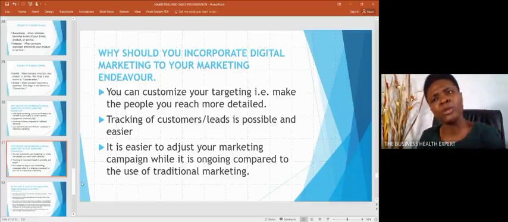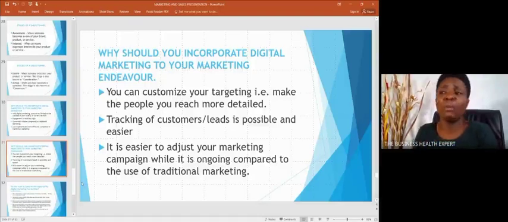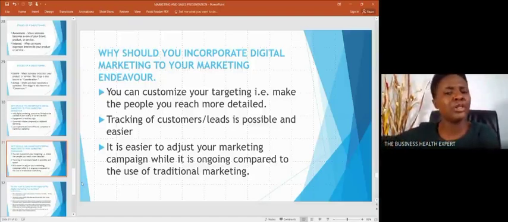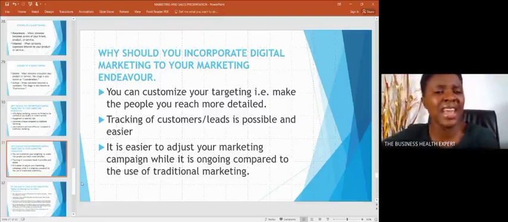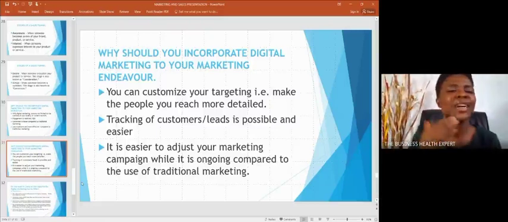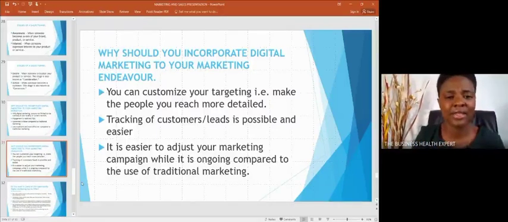Maybe for those people into healing, Mrs. Abibola, Mrs. Oyibode, they're into healing products, and probably the kind of product is for people who are old. There are arthritis and bone problem issues that are usually common to them. You can target the specific age of people you want to make sure see these ads. Digital marketing is just powerful, you can customize your targeting.